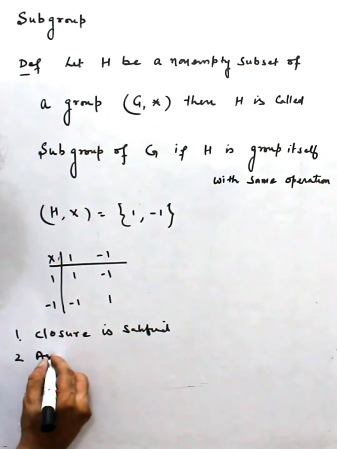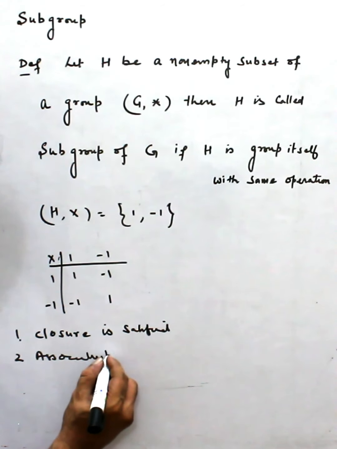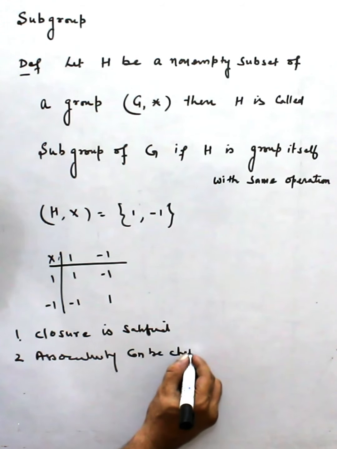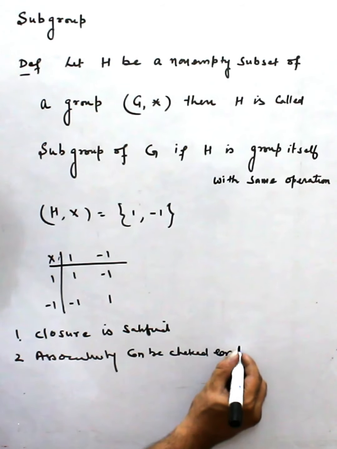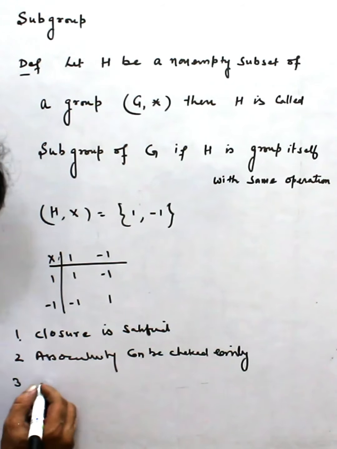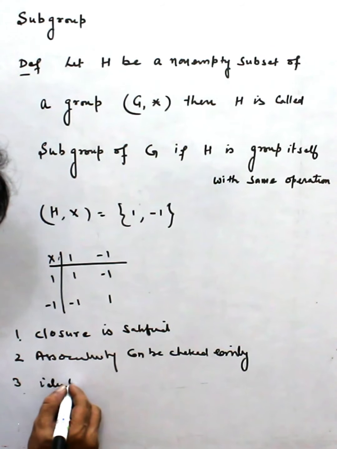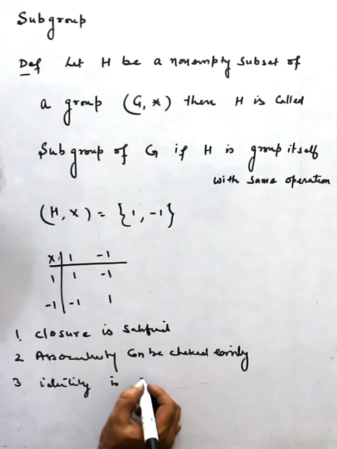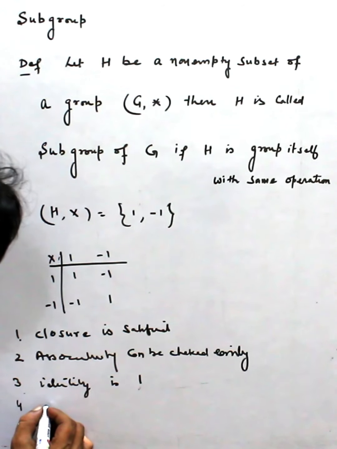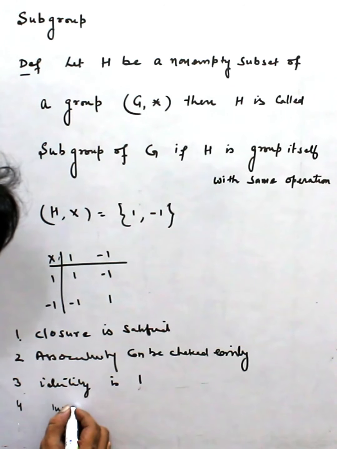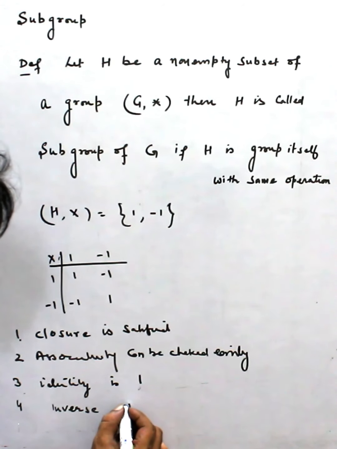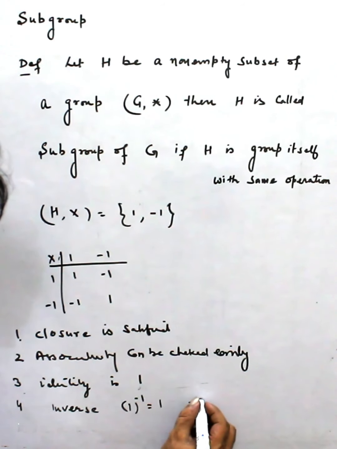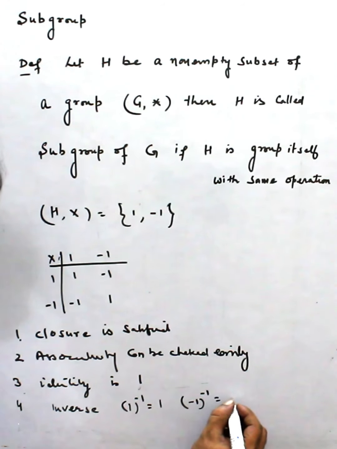Similarly associativity can be checked easily. Third, the identity is 1. Fourth, inverse: the inverse of 1 is 1, and the inverse of -1 is -1.